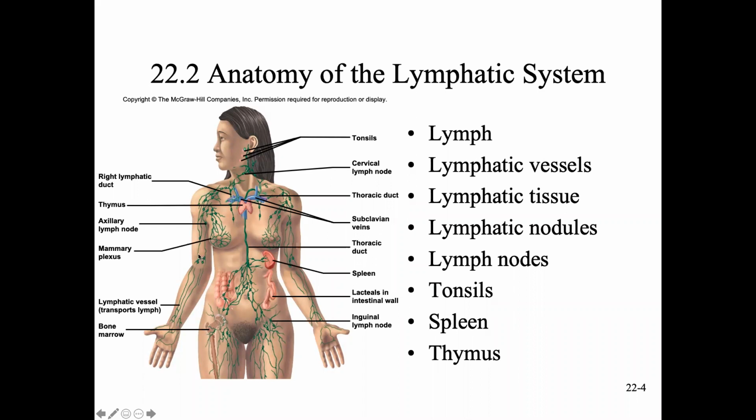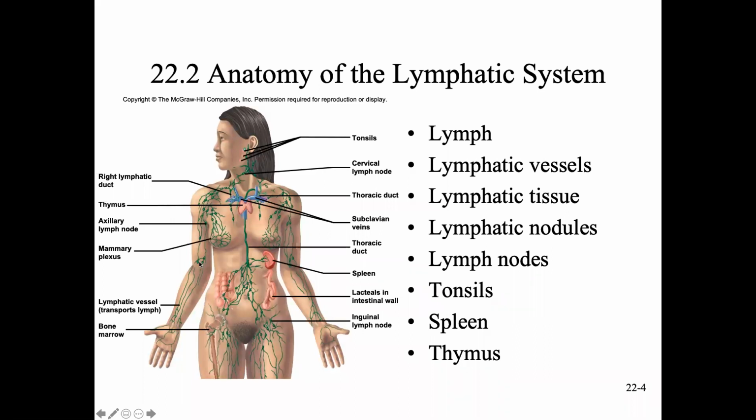And if it has any microbe in it, we have white blood cells in these nodes. That's what we mean by filtering it, right? We have white blood cells here, and the white blood cells will then attack any microbe that's found in that fluid.